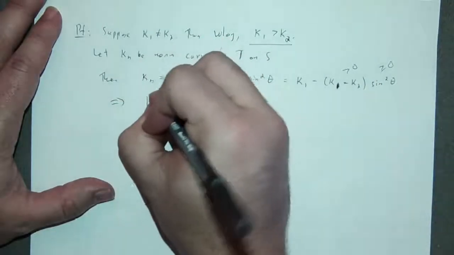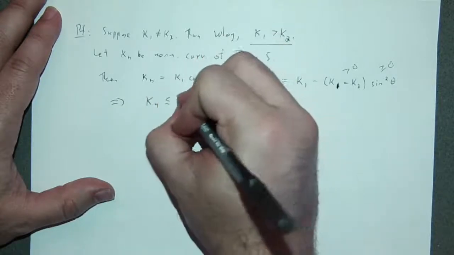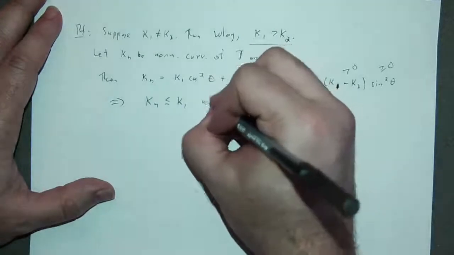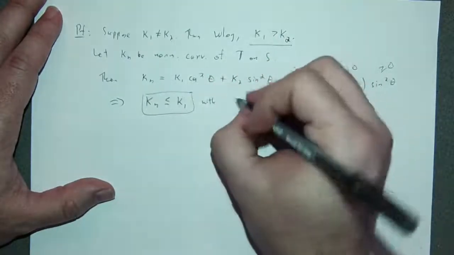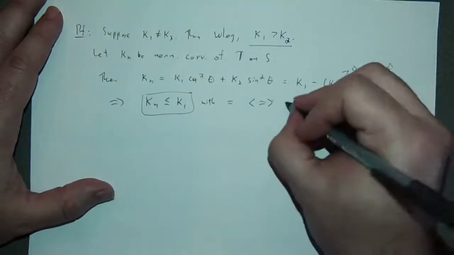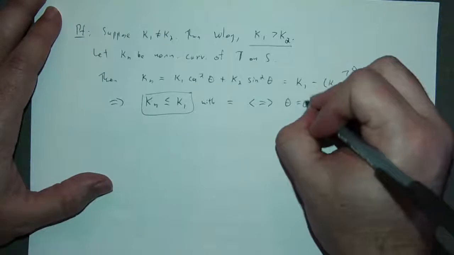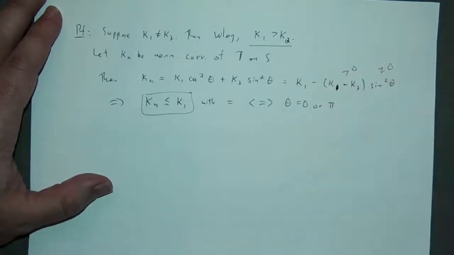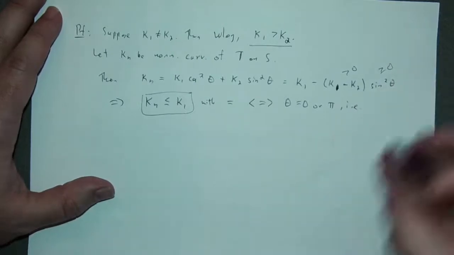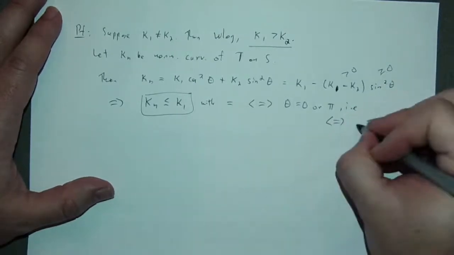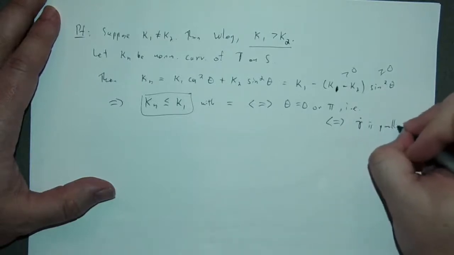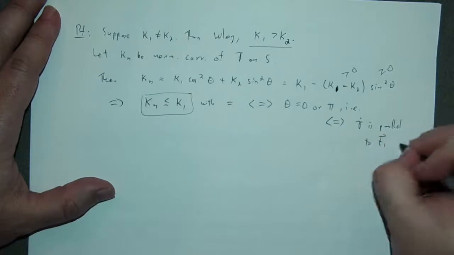So this means that kappa sub n is less than or equal to kappa sub 1, with equality if and only if theta is equal to 0 or pi, i.e. if and only if gamma dot is parallel to t sub 1.